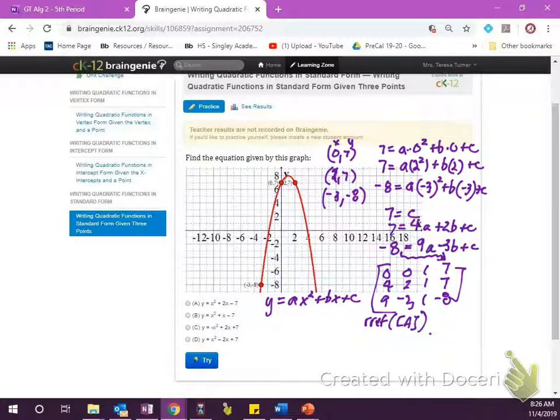Yes. It replaces the quiz grade. Alright, I'm going to pass it out. What are we doing? We're doing quadratics.